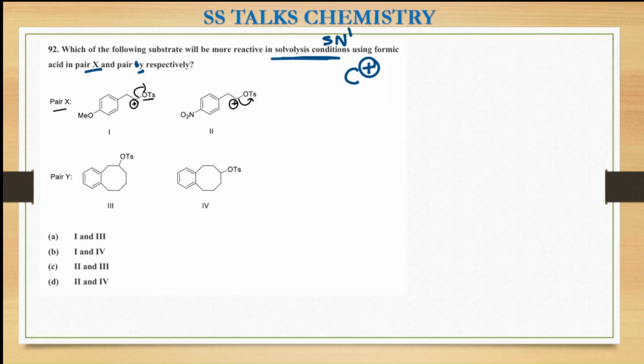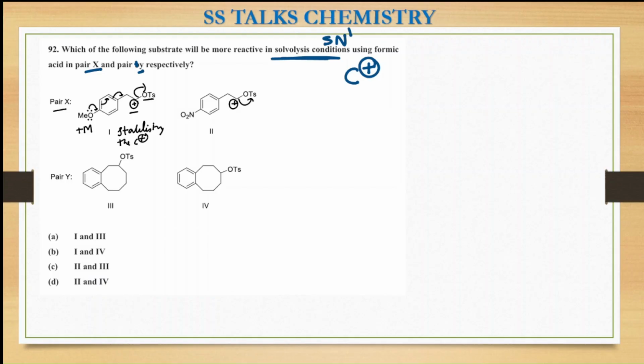Among these two, the OMe group that I have in the first molecule is going to apply the plus M effect over here. By applying the plus M effect, this electron donation can provide stability to the carbocation which is being formed over there, so this is stabilizing the carbocation, right?